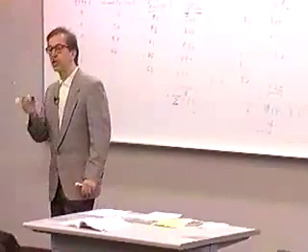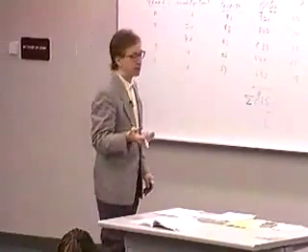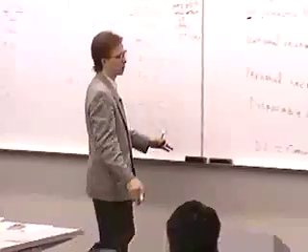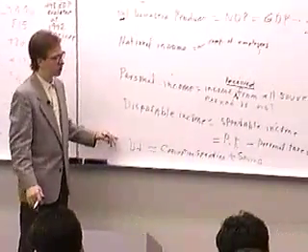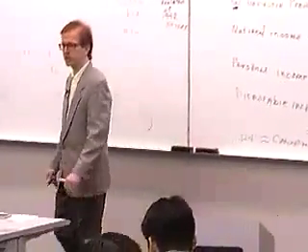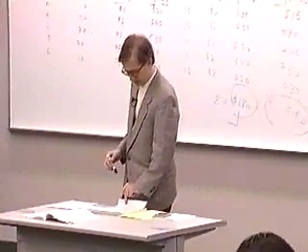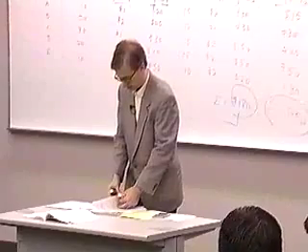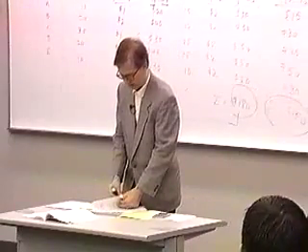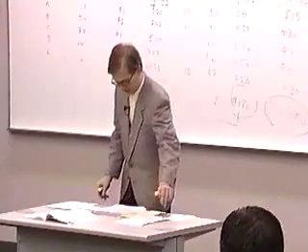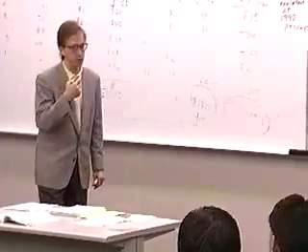So that is the percent of that disposable income, or you might call it take-home income. The percent of your take-home income that you save, that's your saving rate. Questions about that?